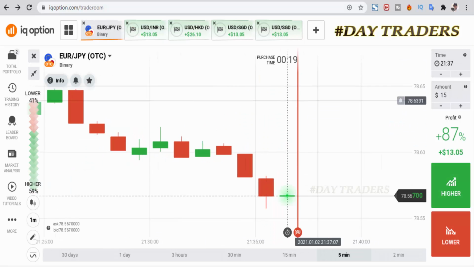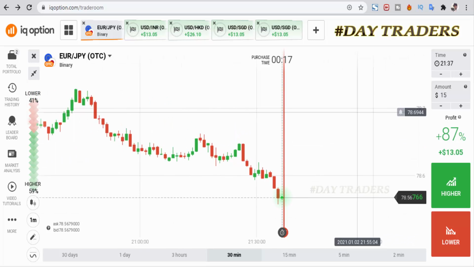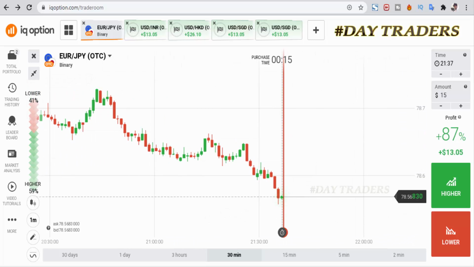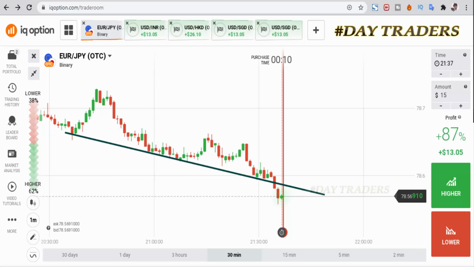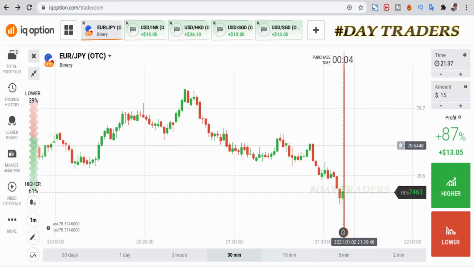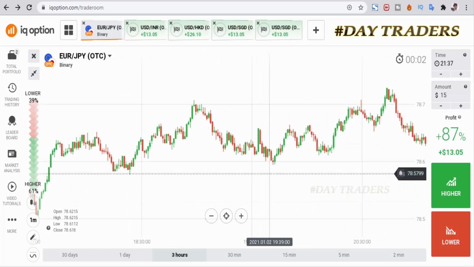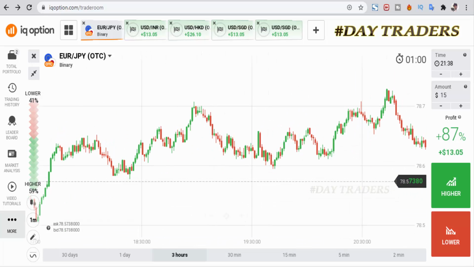Let's check the next pair, and the major trend is a downtrend market. This is a support area after the breakout, but looking at past history, this is a buyers area.